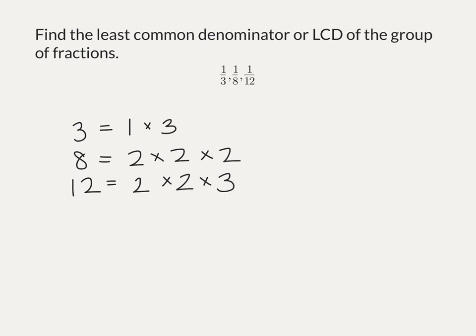Now we're going to look at the factors of each denominator and write down the greatest number of times each factor appears in any denominator. We don't need to write down the number 1 because 1 times anything is 1. So we'll look at 3 first, the factor 3.